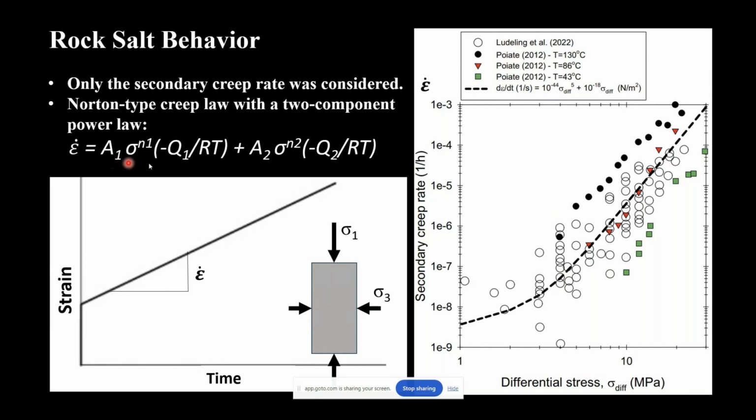Here in this expression, both A's are constants, n1 and n2 are the power exponents. And here is the term that reflects the sensitivity to the temperature. So Q1 is the activation energy, R is the universal constant of gases, and T is the temperature.